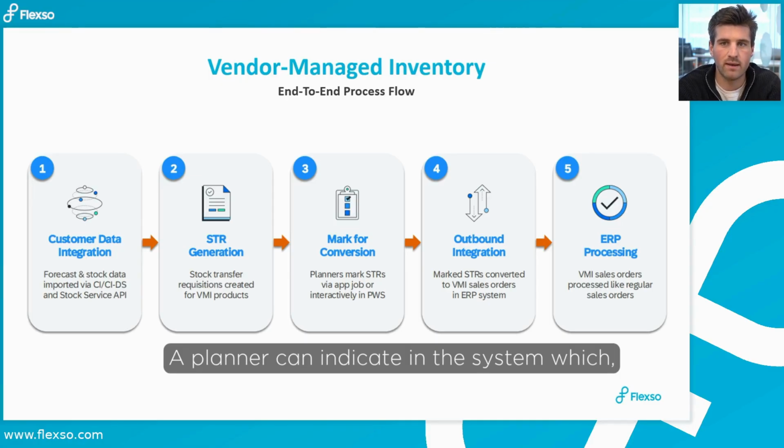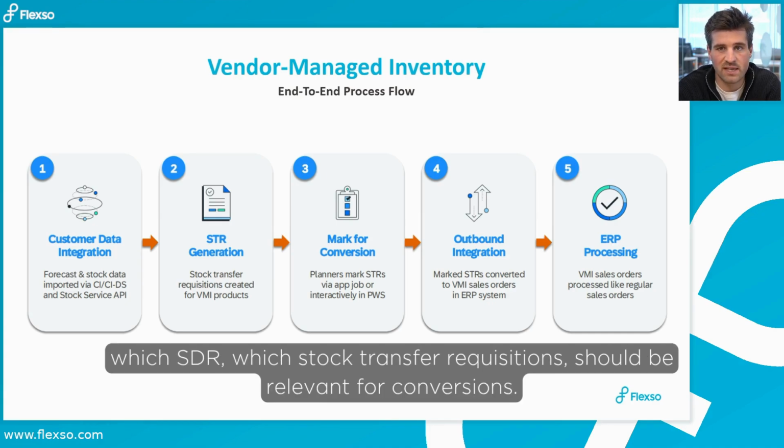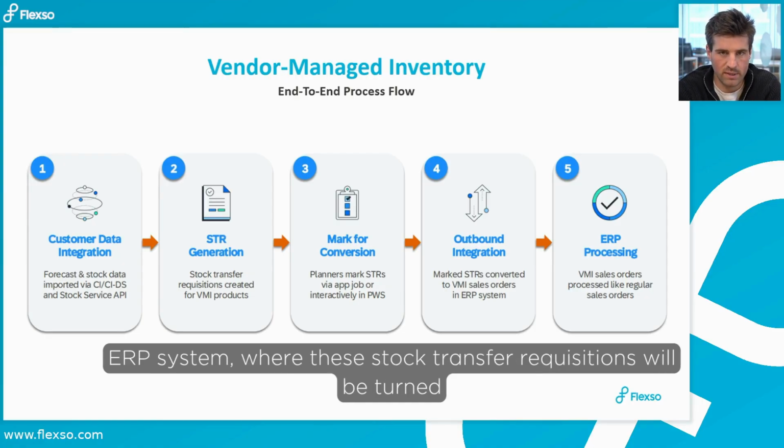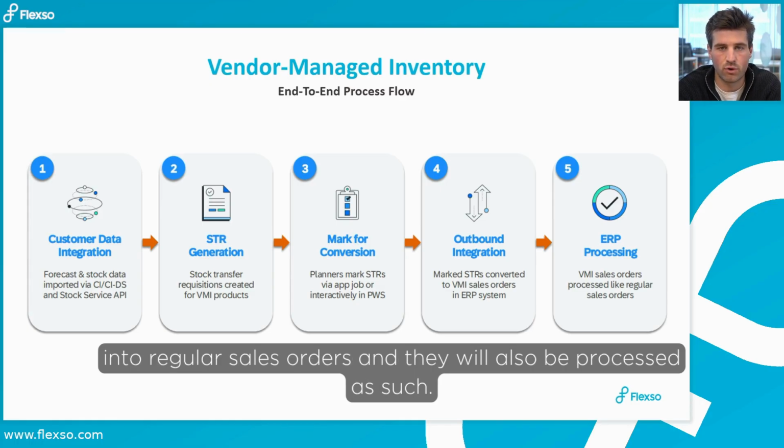A planner can indicate in the system which STRs, which stock transfer requisitions, should be relevant for conversion, and then this can be considered in the outbound integration towards an ERP system, where these stock transfer requisitions will be turned into regular sales orders and will also be processed as such.